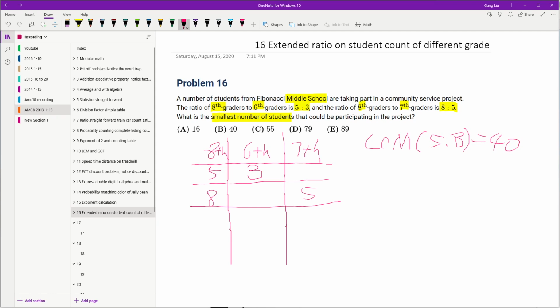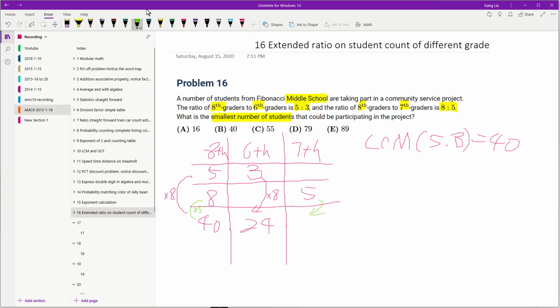So if we change the eighth grader to be 40, here we need to scale up 8 to get 40. So here multiply 8. This is going to be 24. And for this number, for 5 to scale up to 40, we multiply 5.